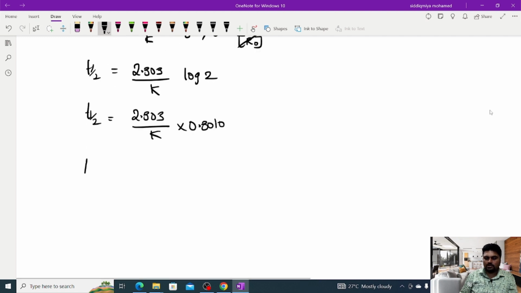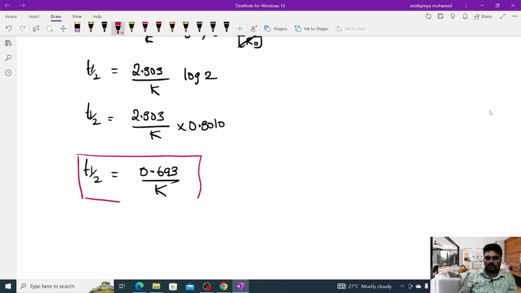So T half is equal to 2.303 by K log 2. Log 2 means 0.3010. If you multiply 2.303 into 0.3010, you get 0.693 by K. This is the formula for half-life of a first order.